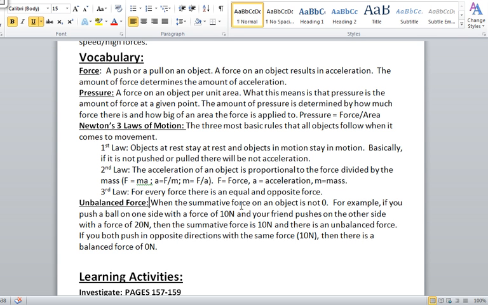An unbalanced force is when the summative, or overall, force on an object is not 0. If we have someone pushing with 10 newtons and another with 20, the difference between these two is 10. So the summative force is 10 newtons, and that is an unbalanced force.